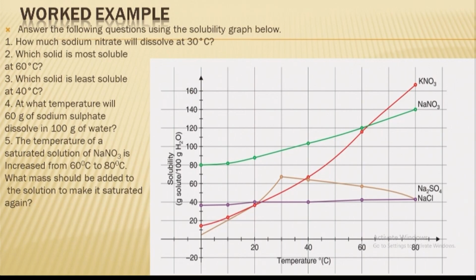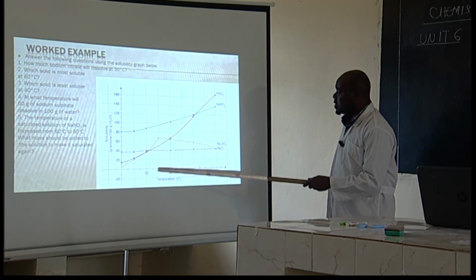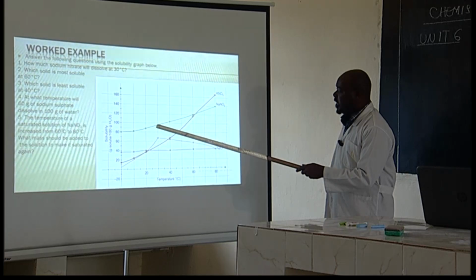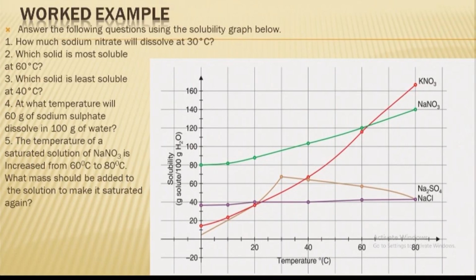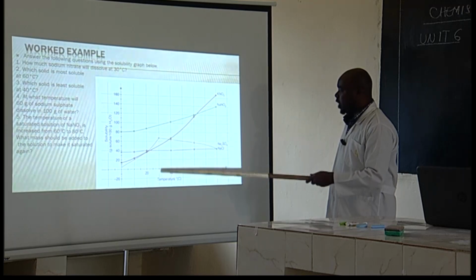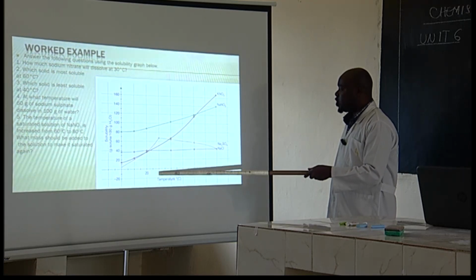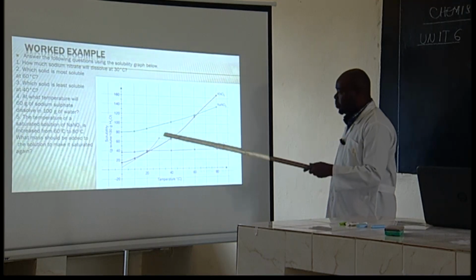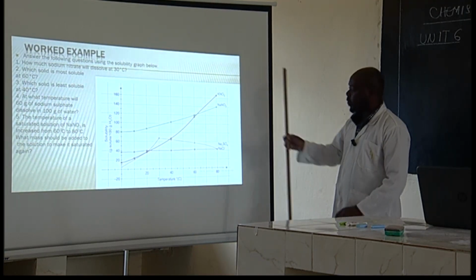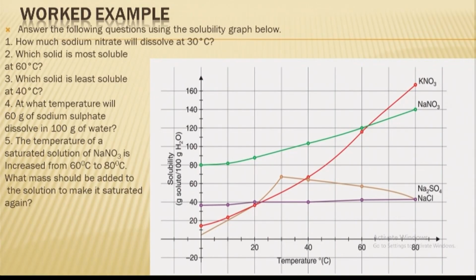You make sure that this line, which is extending from the solubility curve up to the solubilities on the y-axis, is perpendicular to the one joining the temperature axis and the solubility curve. So this one should be perpendicular to the x-axis, and this one here should be perpendicular to the one which is vertical. So it should be like this.